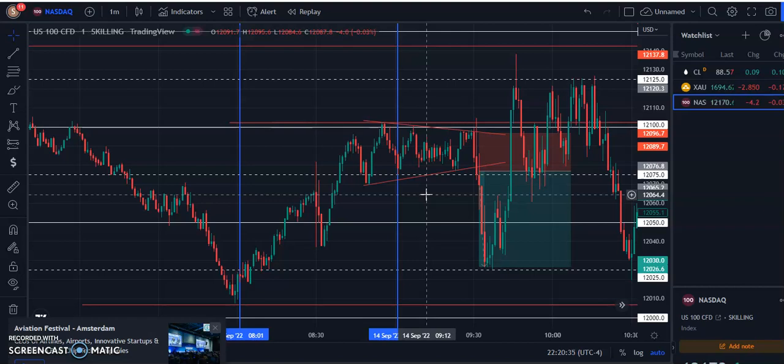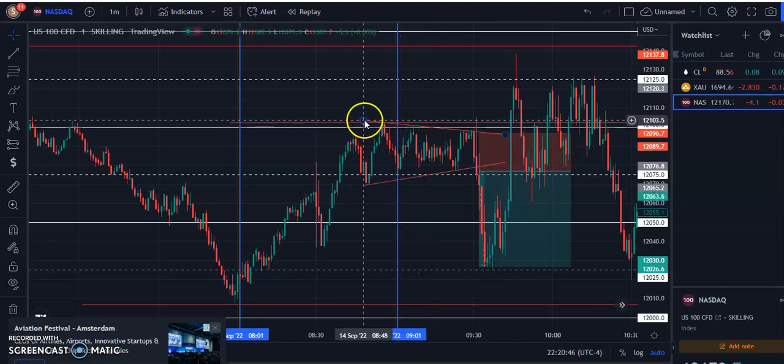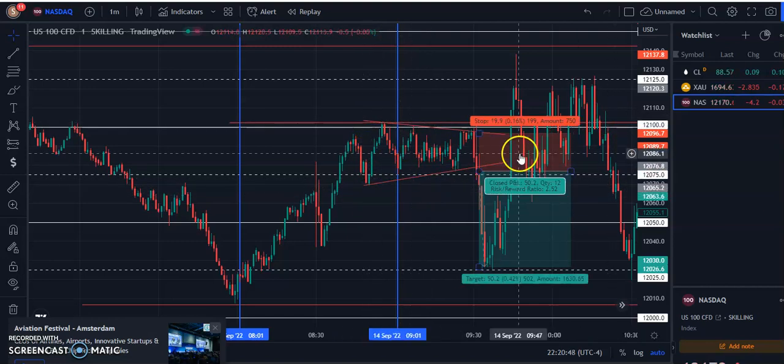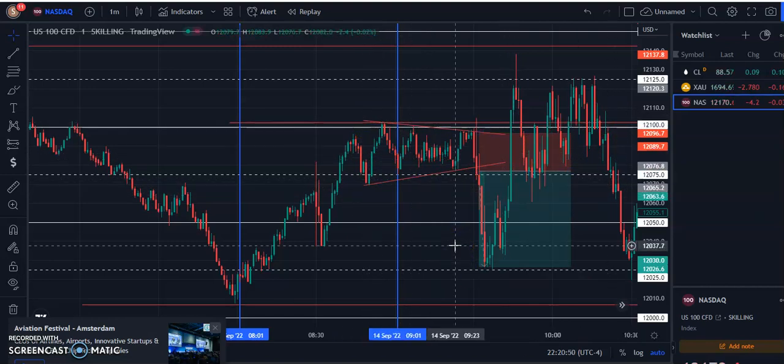Look at ways that I can get explosive moves easily with no stress. So to me, this was actually my first trade using this shape. But they say knowledge is power. So don't be afraid to refine your strategy, to refine your process to be the simplest process possible.